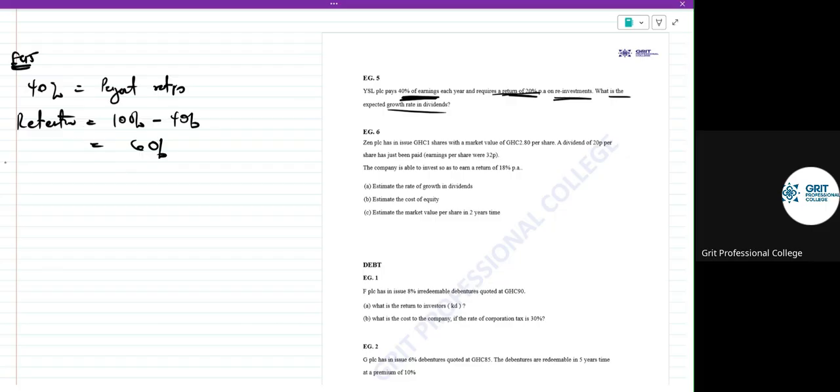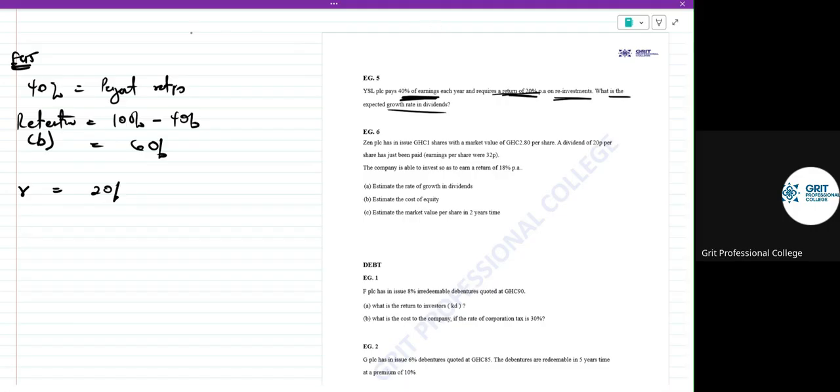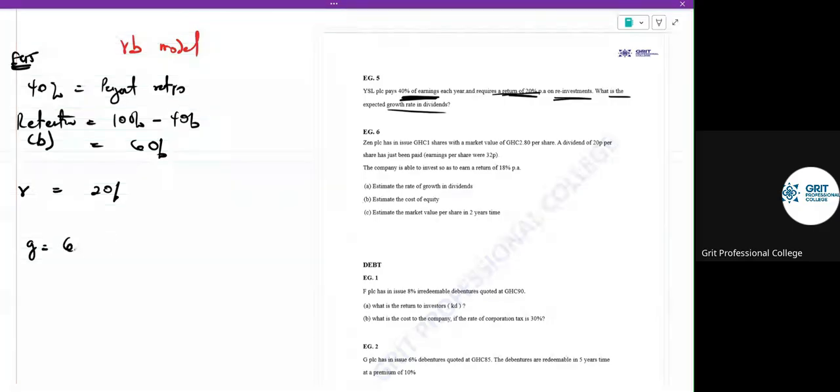And so the retention ratio is what we refer to as the B. And then the R is the return on reinvestment. And the question says that is 20%. So using the RB model, so this is the RB, okay? RB model to estimating the growth rate. The growth rate will therefore be 60% by 20%.